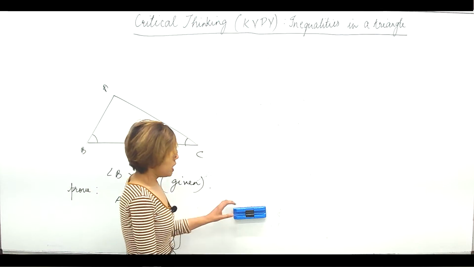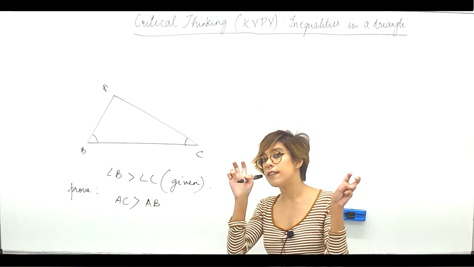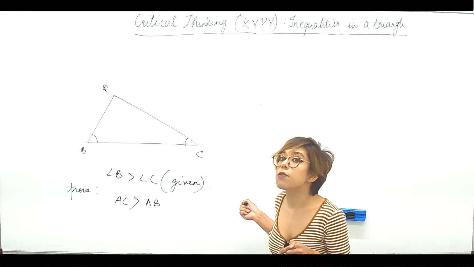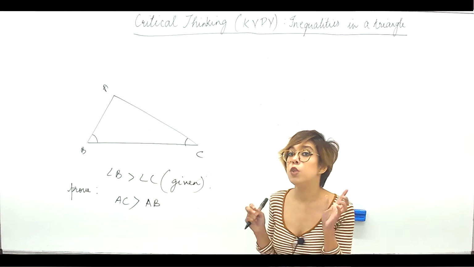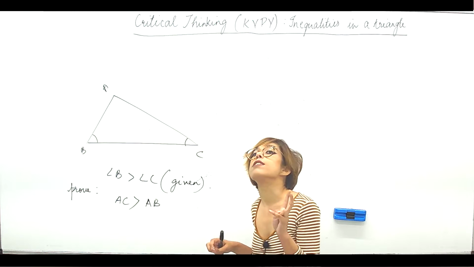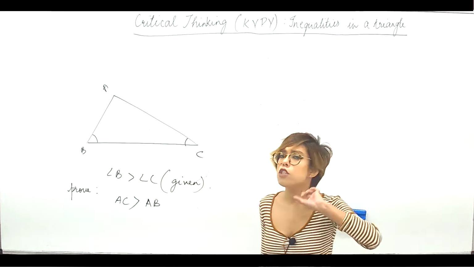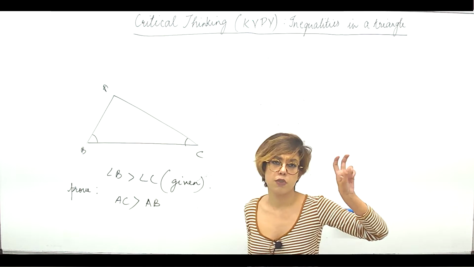I know the equalities in a triangle. Also, I know the result that I just proved before this question: in a triangle, if two sides are unequal, then the angle opposite to the longer side is greater. The one we just proved. So we know just one inequality and the equalities that we usually know.